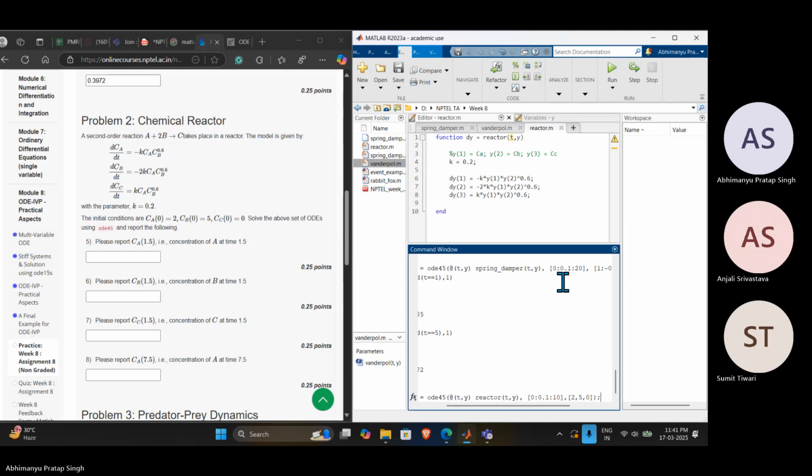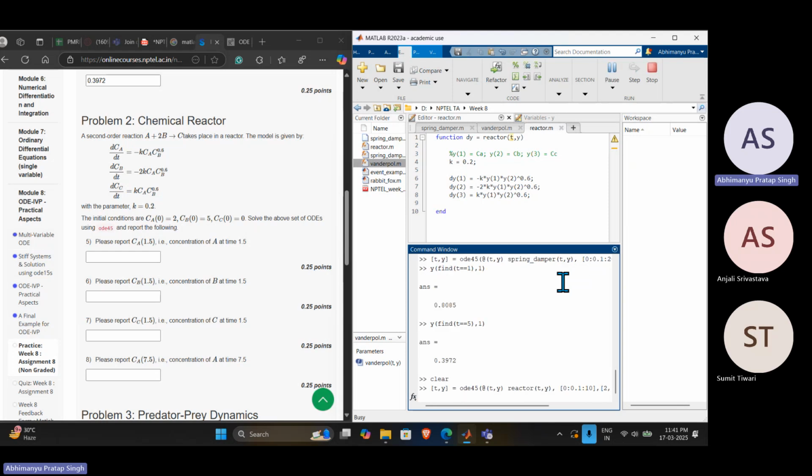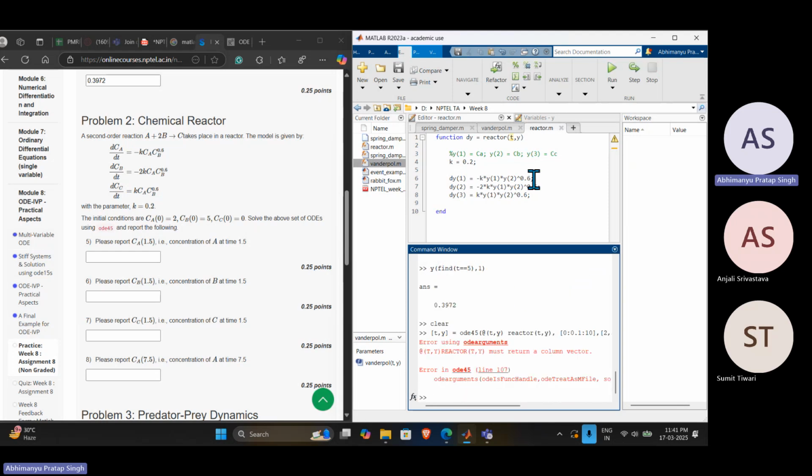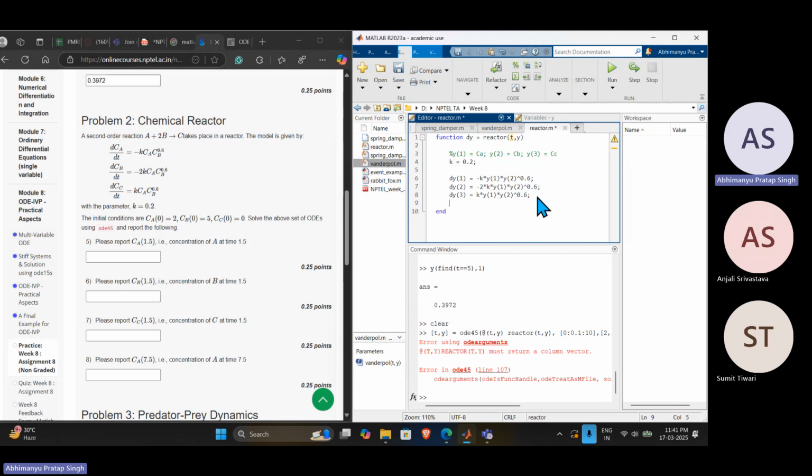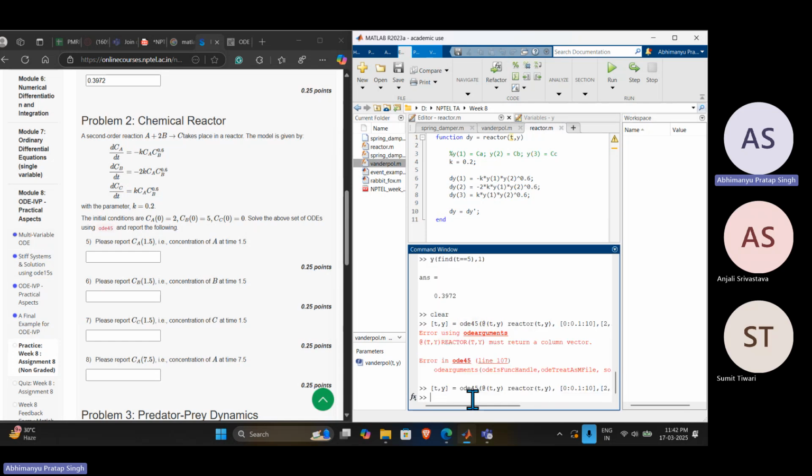Okay. I think it will give me an error. Yeah, so it must return a column vector. What you can do is write all these variables as a column vector, but then you need to write 1 comma 1, 2 comma 1 and here also. The simplest way is to just write this as a row and then take the transpose. So now this will be a column vector, and now if I run this, it will run fine.